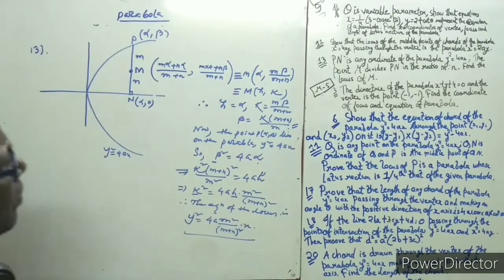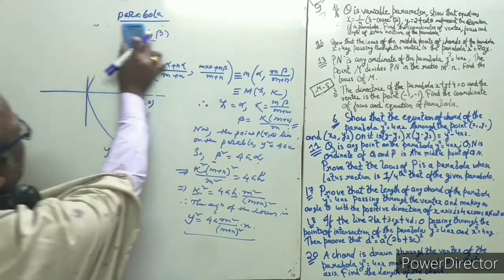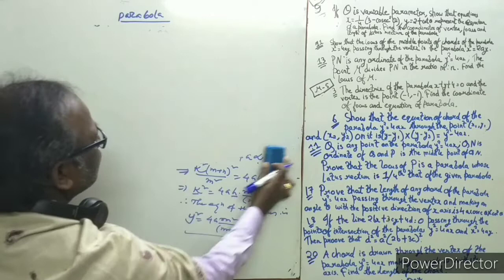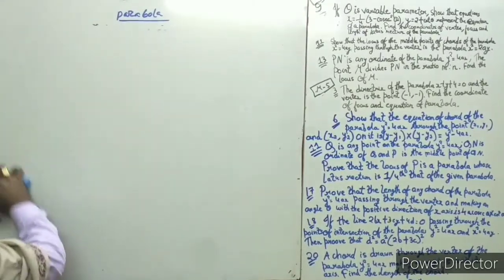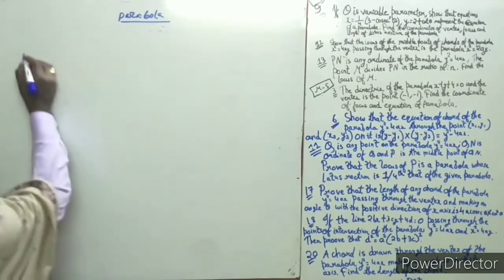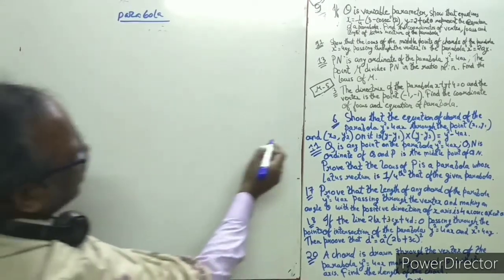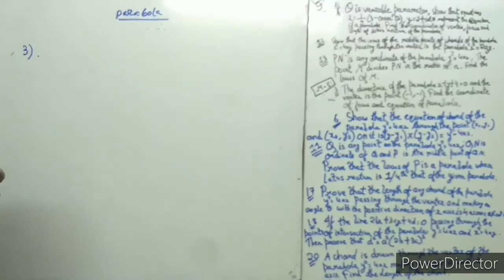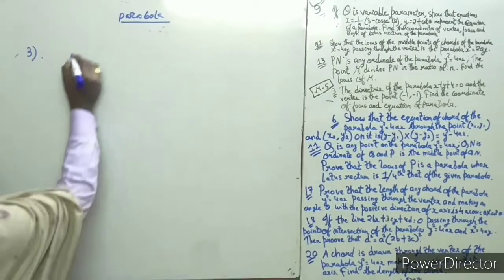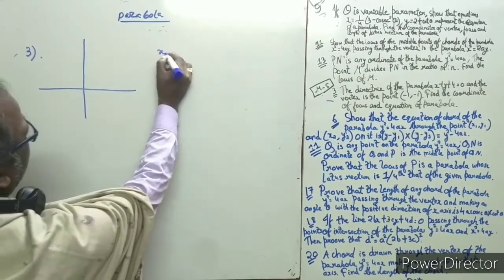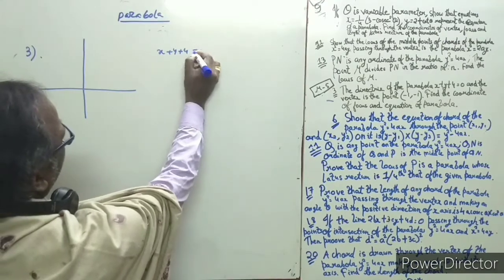Now see question number 5. The directrix of the parabola is the line x plus y plus 4 equal to 0.